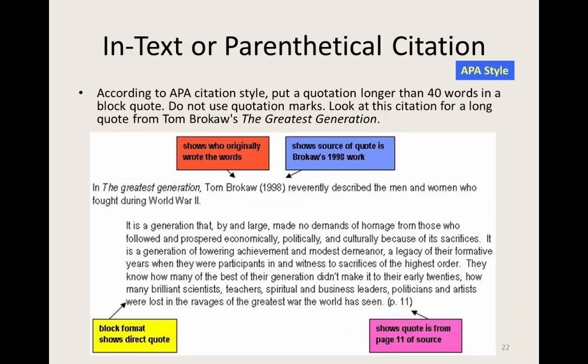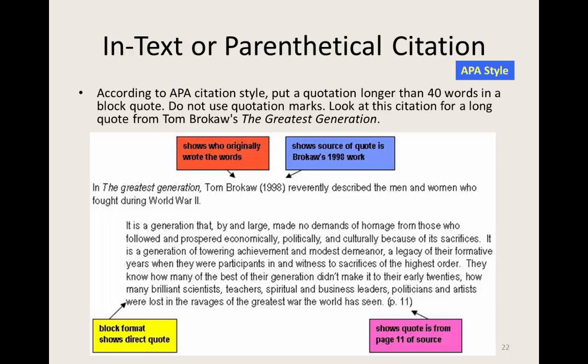Now, according to APA citation style, you would put a quotation longer than 40 words in a block quote. You do not use quotation marks for this. Look at this citation for a long quote from Tom Brokaw's The Greatest Generation. Our passage from our student paper says, in The Greatest Generation, Tom Brokaw (1998).